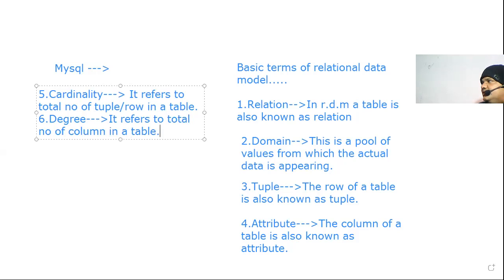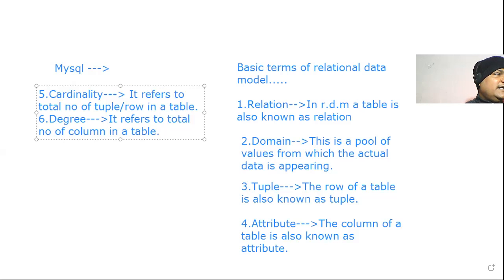Suppose ABC is a table having five students' records, and in that roll number is there, name is there, and attendance is there. If I ask you what is the degree of that ABC table, what will be the answer? ABC is the table having five records, roll number 1 record, roll number 2 record, 3, 4, 5.